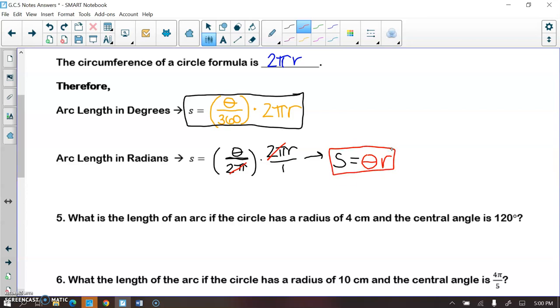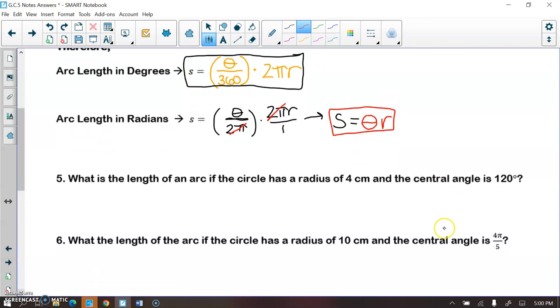So actually, the arc length formula when we have radians is a lot easier to work with than when we have it in degrees.